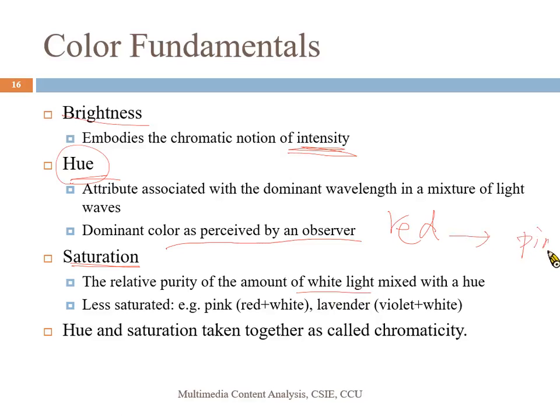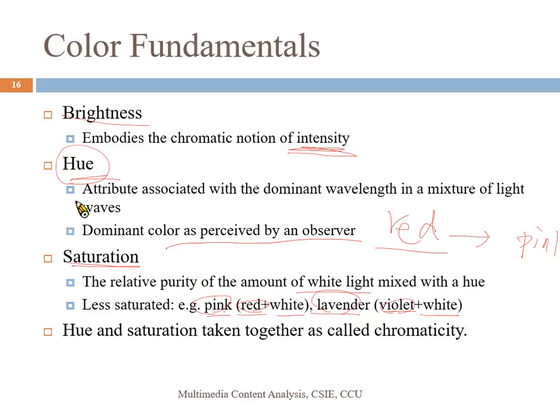So pink is basically red with low saturation. Less saturated colors like pink are basically red plus white, and lavender is actually violet plus white. So lavender is a kind of low saturated violet.